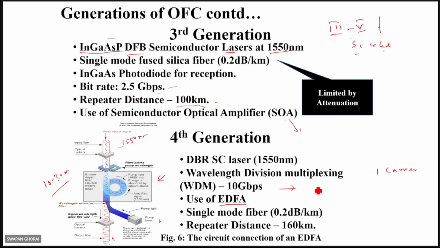So WDM generally is 8 to 16 wavelengths. Beyond 16 wavelengths, it can be called dense wavelength division multiplexing. And if, instead of 1 lambda, you use 10 lambdas, then your bit rate will be 10 times higher. Suppose for 1 wavelength you are getting, say, 4 Gbps. If you use 10 such wavelengths, then the bit rate will be increased 10 times, to 40 Gbps.